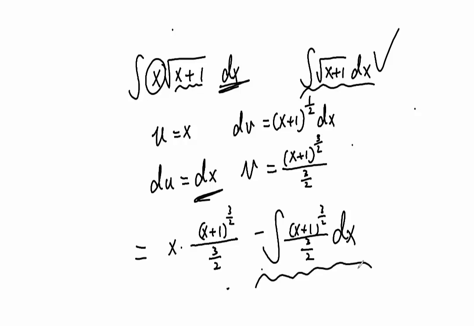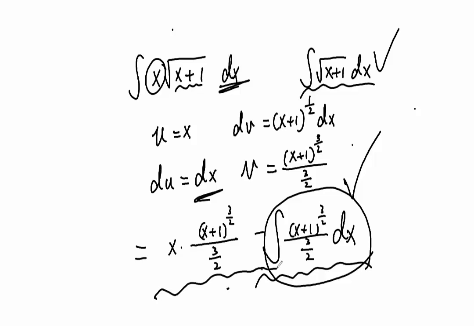We just need to take a look: is there any problem for us to do the integration of our second term right here? No, we don't have any problem, because this is the same as what we had with one half. I just have a bigger exponent, which is just adding 1, so that's going to be 5 over 2. So this part we are able to solve. That means we've done this by integration by parts.